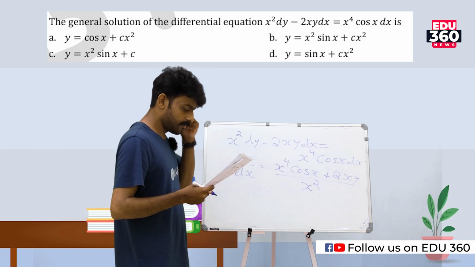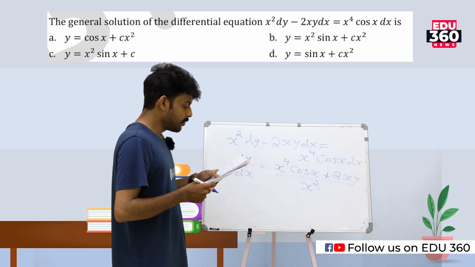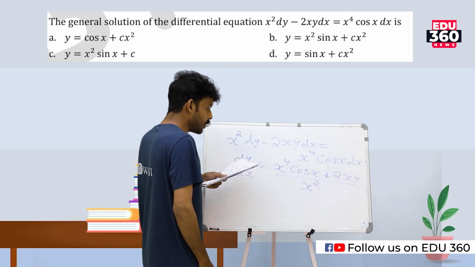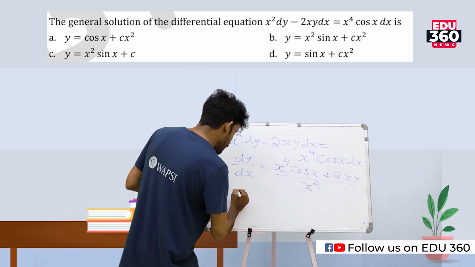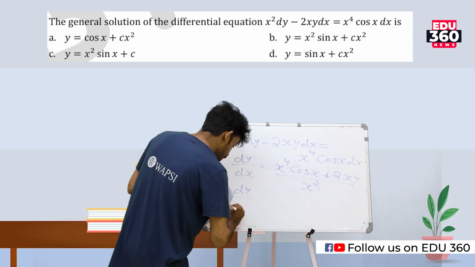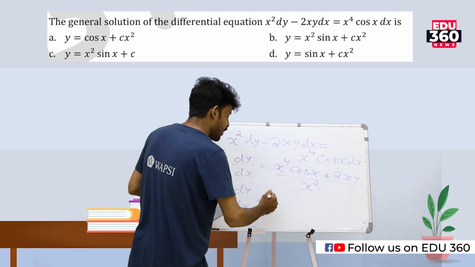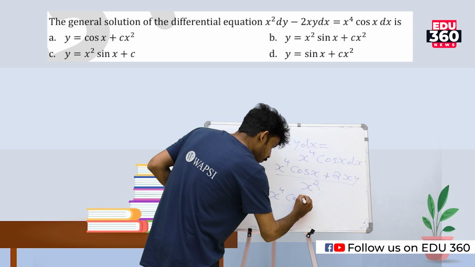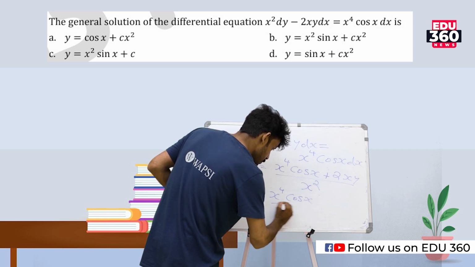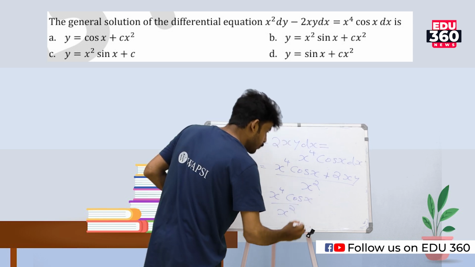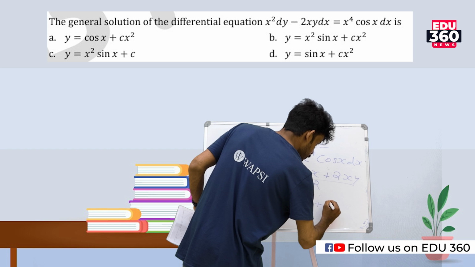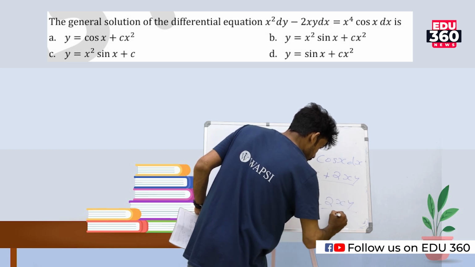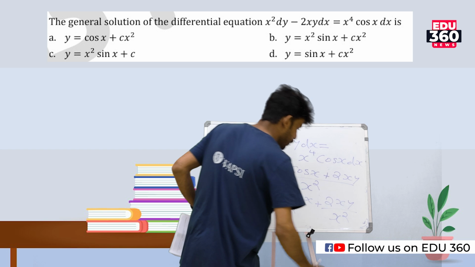Okay, so on splitting this, let me write dy by dx is equal to x raised to 4 cos x by x square plus 2xy divided by x square.